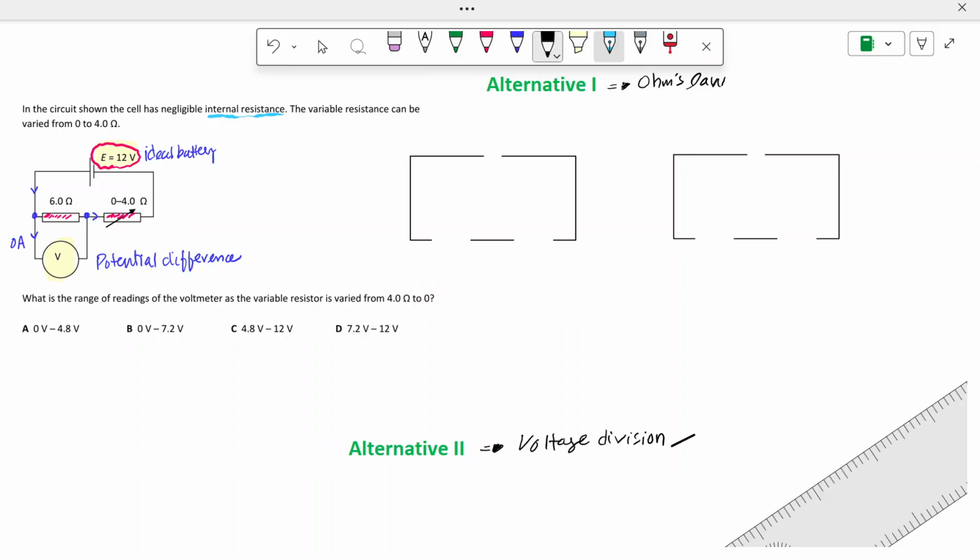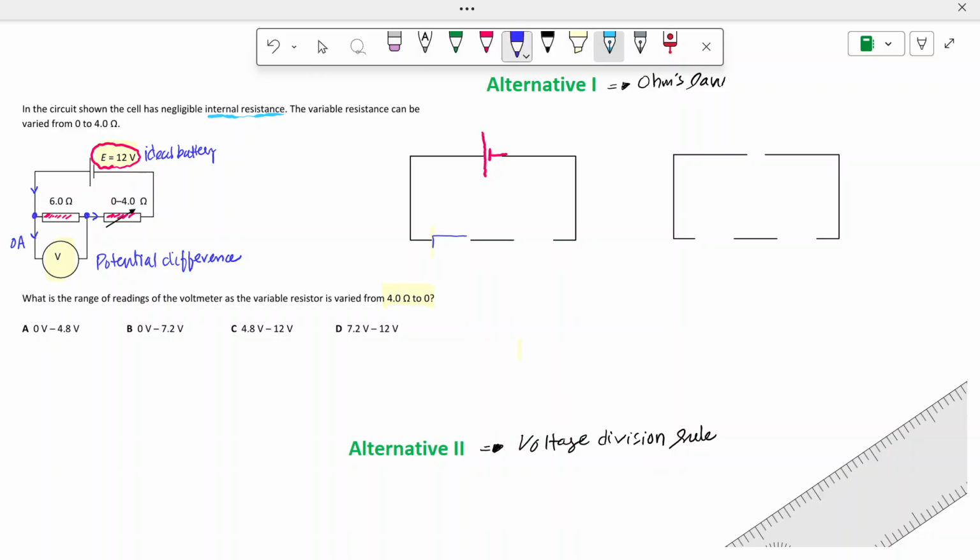Okay, so in the first circuit, in the question they say that the resistance is changing from 4 ohms to 0 ohm. Basically we are decreasing the resistance.